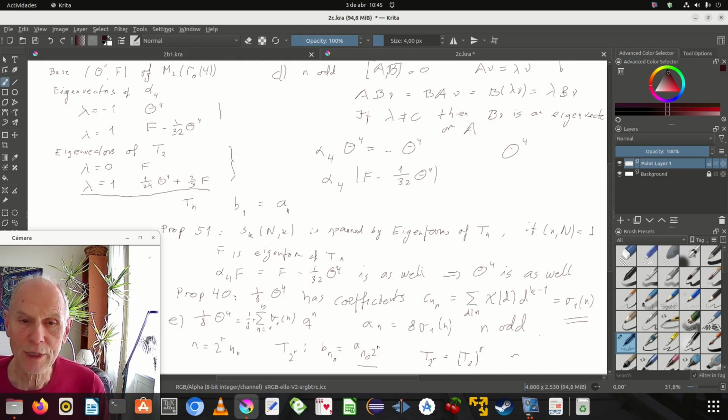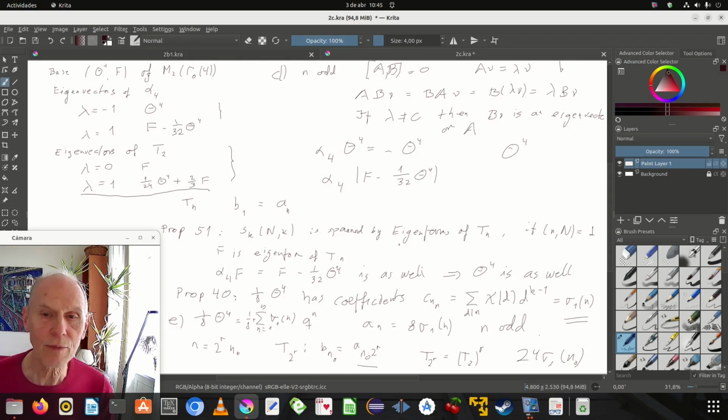So the coefficient here is 1/24th of the sum. So the sum of divisors equals 24 sigma 1 of n naught, which was what we should prove.